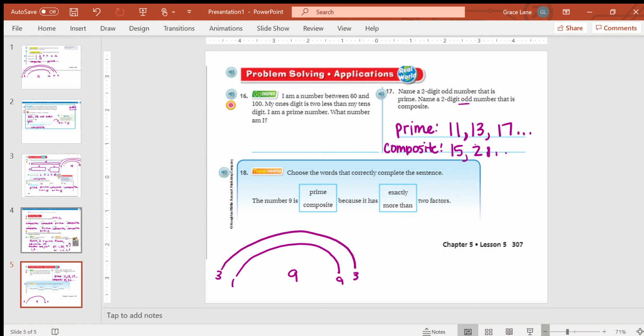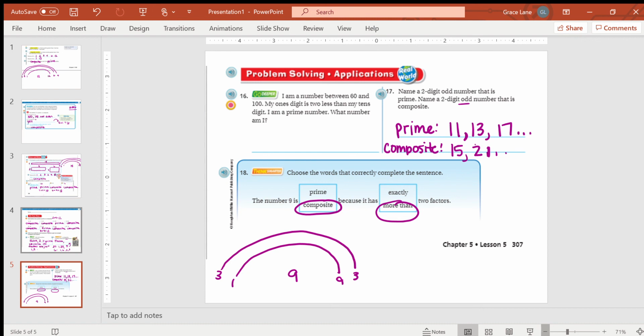So because it has more than 2 factors, 9 is composite. And then it says because it has more than 2 factors. So again, knowing your basic math facts and looking back at your divisibility rules will really help you figure out if a number is prime or composite.